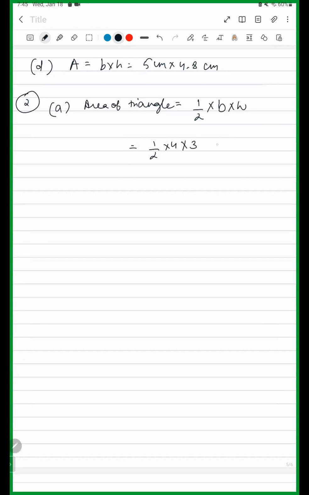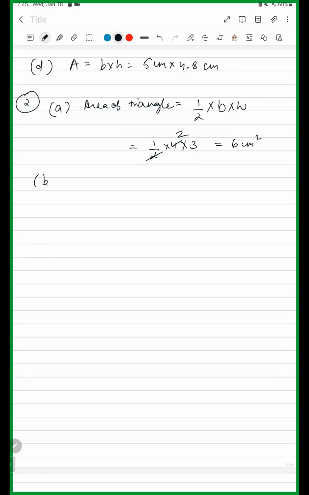Then 1 by 2 multiplied by 12. So 12 by 2 and then 6 centimeters square will be the final answer. Good. Yeah, 6 centimeters square. Okay, the second one, B part. Area of triangle is equal to 1 by 2 multiplied by base multiplied by height.